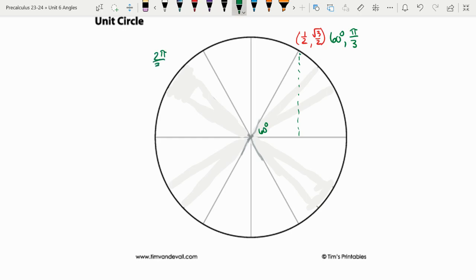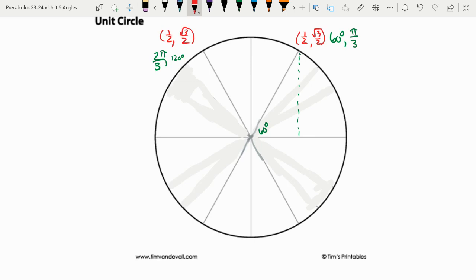What is the degree measure for 2 pi over 3? Isn't it 2 60-degree angles? Yeah. Isn't that just 120 degrees? And what is this ordered pair? One half, root 3 over 2.